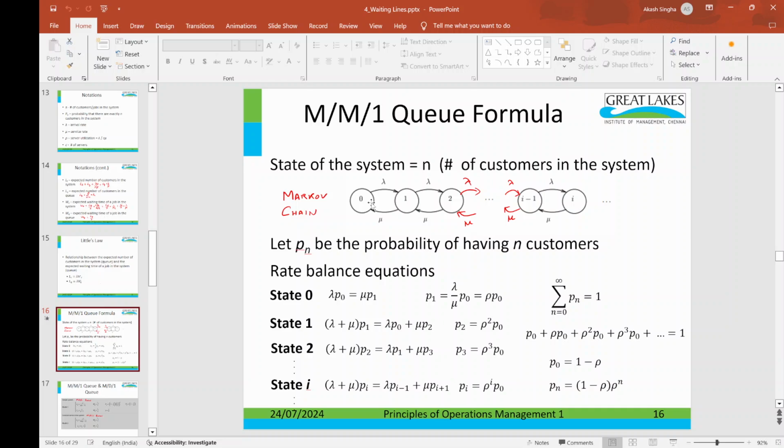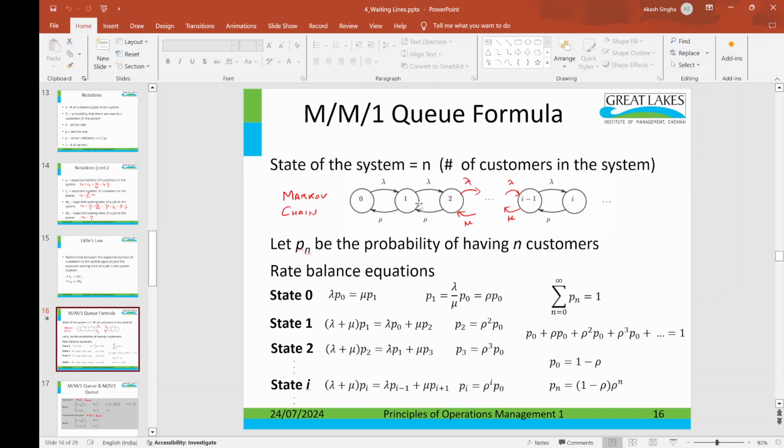Then there was an explanation that starting from state 0, lambda is the rate at which customers come into the system, and mu is the rate at which they go back. So the rate balance equation is lambda into P0 equals mu into P1. From that, we can calculate P1 equals rho P0.